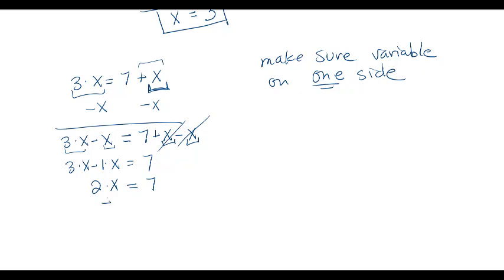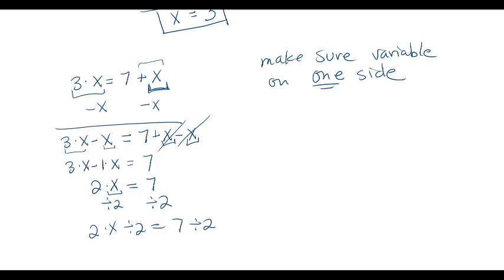Now we can divide by 2, right? We'll divide both sides by 2 because we want to isolate x. And we remain with 2 times x divided by 2 equals 7 divided by 2.